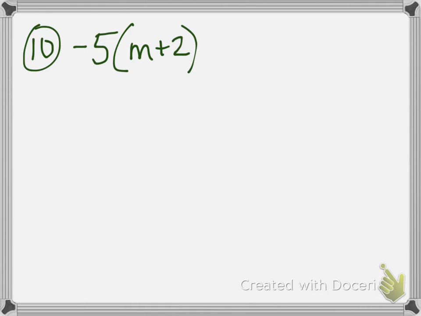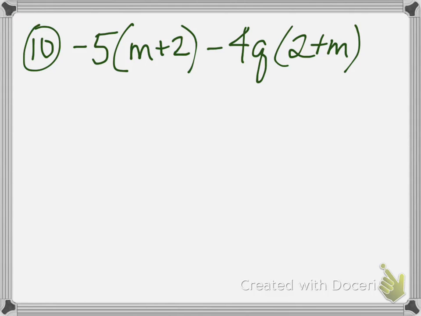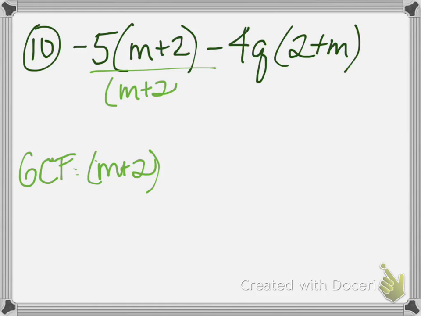Last but not least, number 10, same idea. Negative 5 times m plus 2, minus 4q times 2 plus m. Again, factoring out that whole quantity, it's m plus 2, so divide out by m plus 2 and divide out by m plus 2.